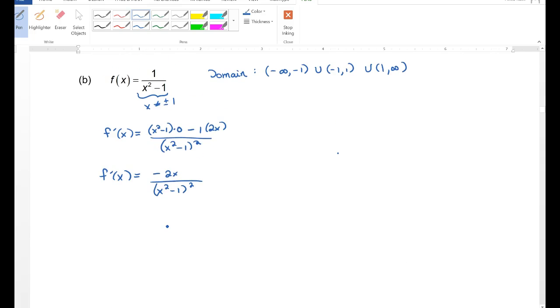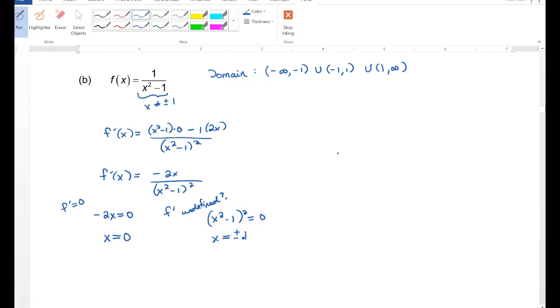Now when I try to set this equal to 0, that's going to be setting the numerator equal to 0. So this is where f prime equal to 0. How about f prime undefined? That would be setting the denominator equal to 0. In the first part, we get x equals 0. Here, we would get plus or minus 1.